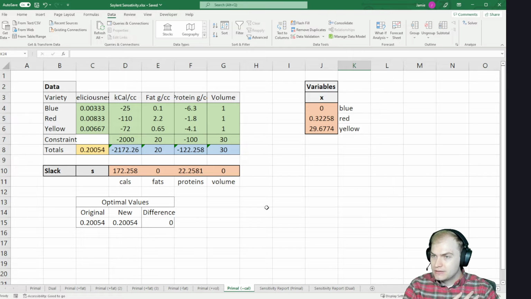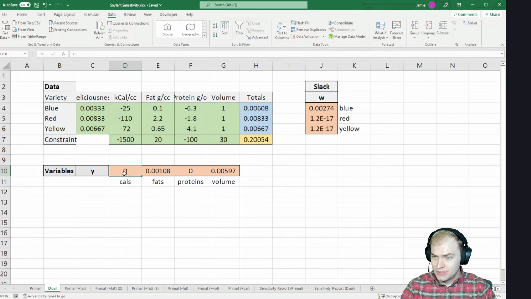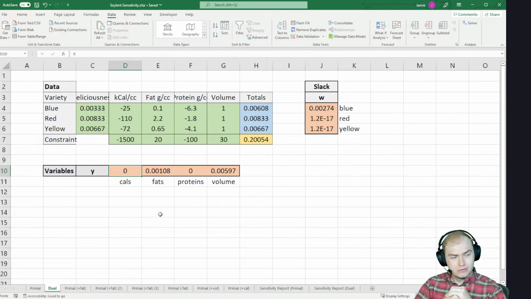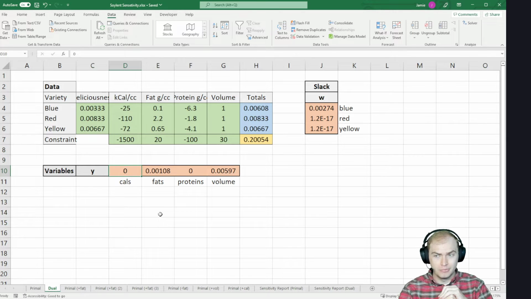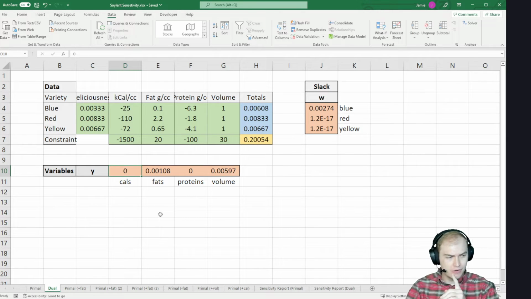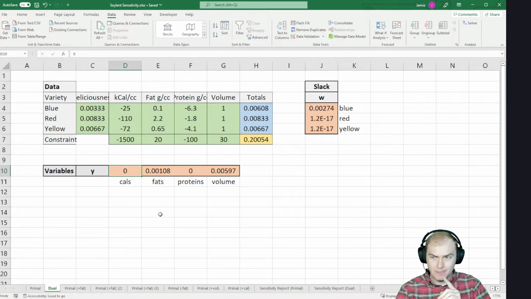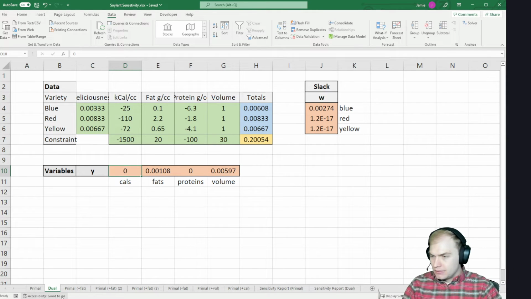And then I did the same sort of idea with the calories. So I increased the amount of calories by 500. Let's look at the dual. The dual variable for the calories is 0. And that comes from complementary slackness.